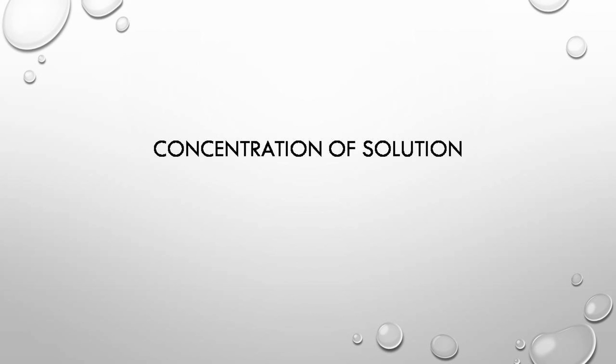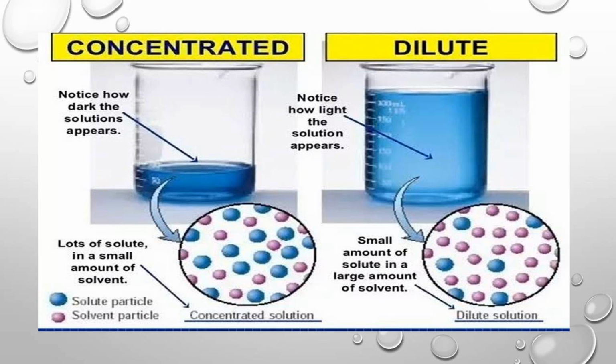So next we are going to learn the concentration of solution. The concentration of the solution is divided into two types: one is the concentrated solution, another one is the dilute solution. You are given 2 cups of tea. When you taste them, you feel that one is sweeter than the other. What do you infer from it?